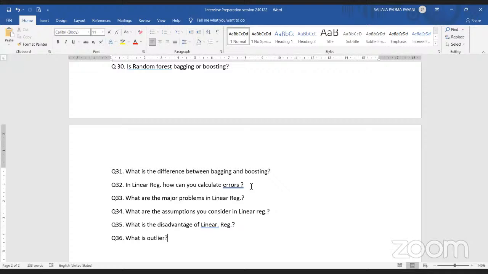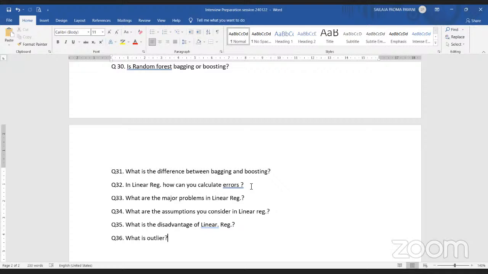Whenever you build any model for your client, it will affect the accuracy of the model building, right? That's why you should be very aware of these outliers.